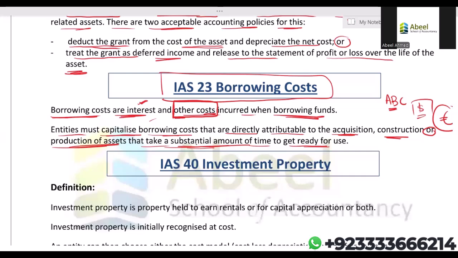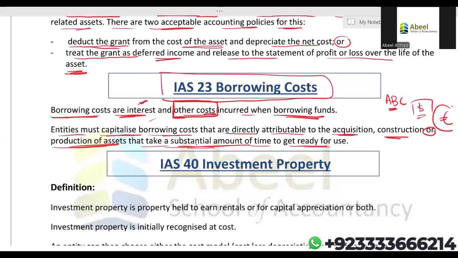In fact, there are inventories that do take substantial time to get ready. If you have taken a loan for those inventories, under IAS 23, that is also treated as a qualifying asset. So simply, a qualifying asset is an asset which takes a substantial time period to get ready for use.